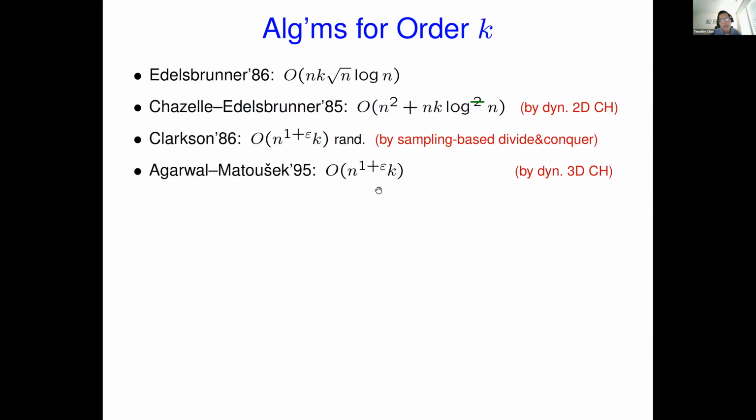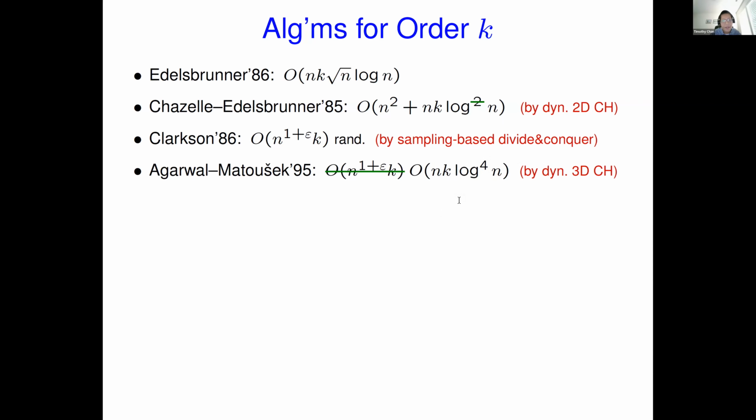And the idea this time is to directly use dynamic 3D convex hull data structures. And if you use the current best data structure for dynamic 3D convex hull by yours truly, then the n to the epsilon factor can be lowered to polylog.